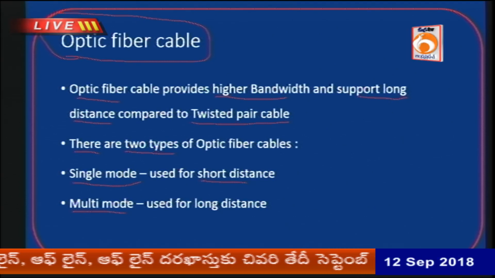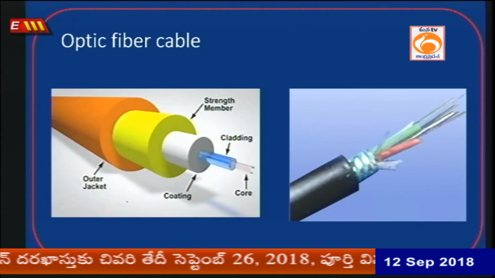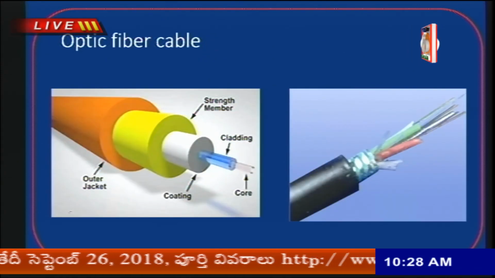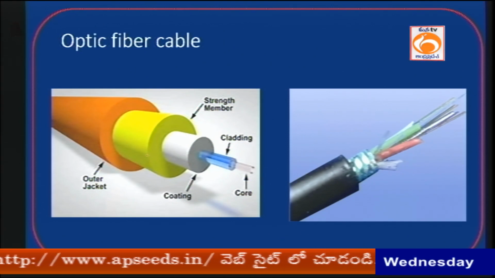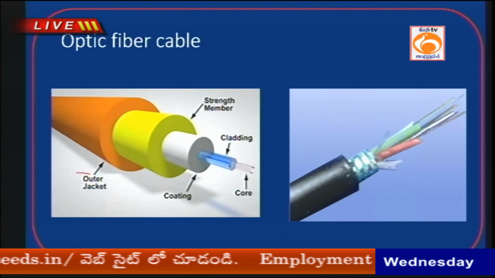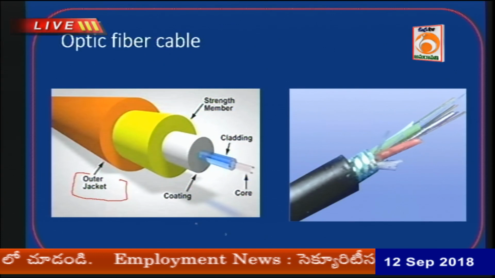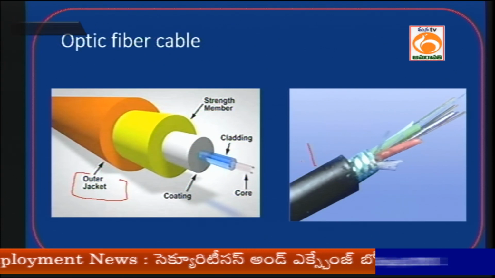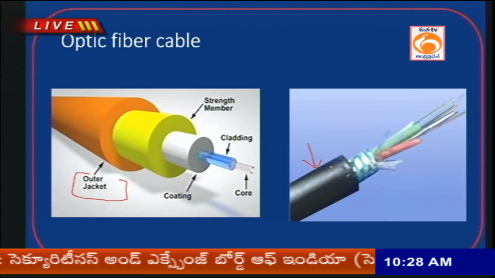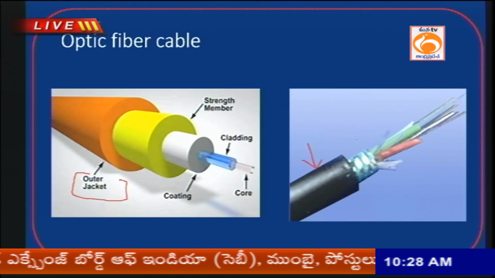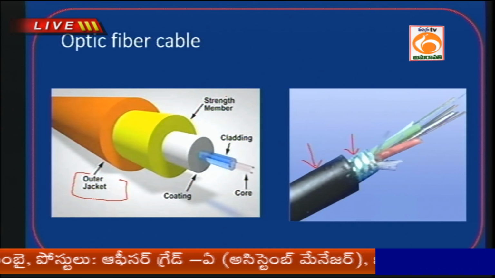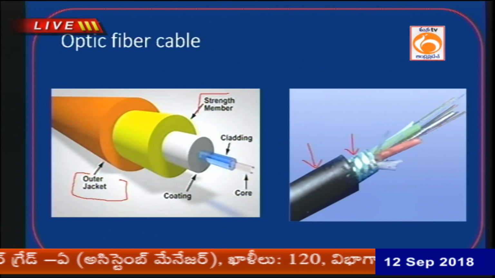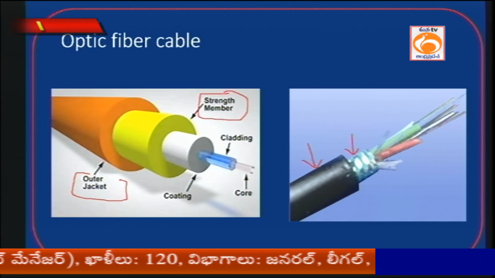So, this is the fiber optic cable widely used, and you can see how it looks. What you see on the right hand side and the left hand side, we can map. The outer jacket is the one we see in the black color here. Inside, you can see the second layer, which we call the strength member, which provides very strong connectivity.